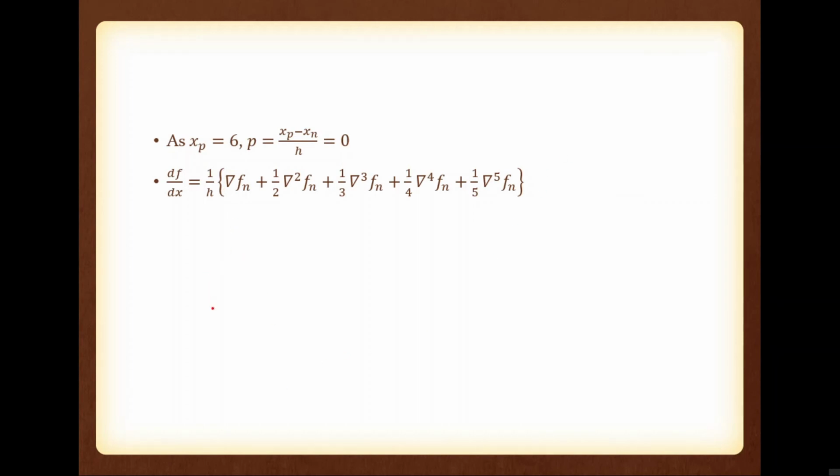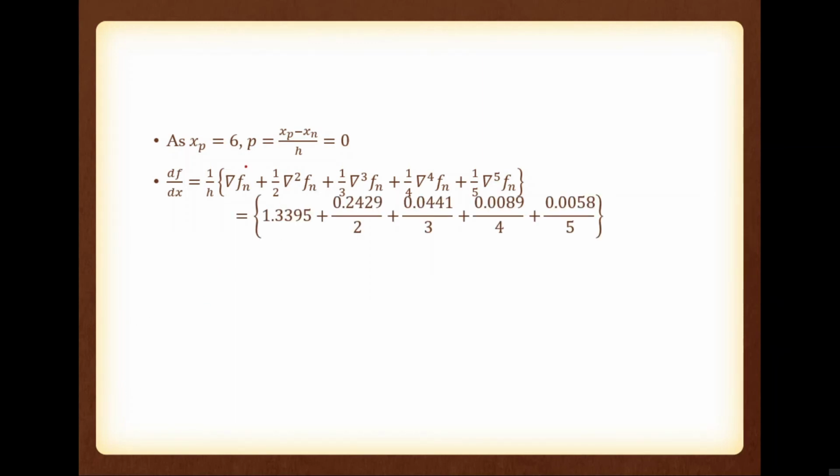So df by dx is equal to, substitute the values. Please substitute the value and find it. So what is the value? 1 by h is 1. So the inside one is 1 point, del fn is 1.3395 plus 1 by 2 into del square fn is 0.2429 plus 1 by 3 into del cube fn is 0.0441 divided by 3 plus 1 by 4 into del raised to 4 fn, that is 0.0089 plus 1 by 5 into del raised to 5 fn, that is 0.0058.